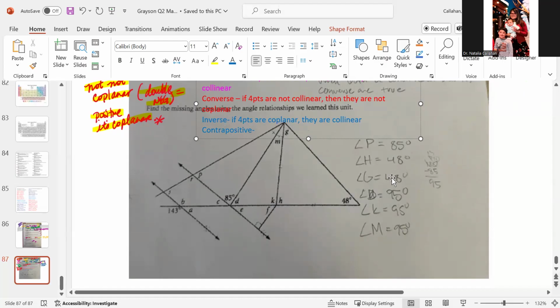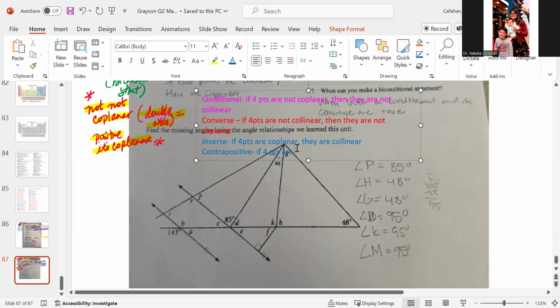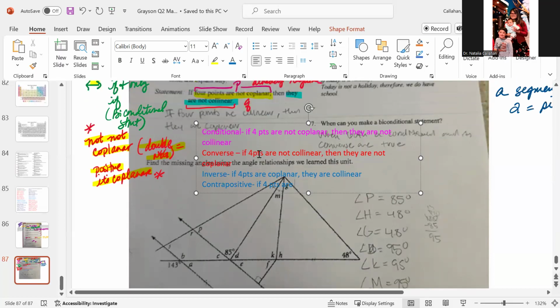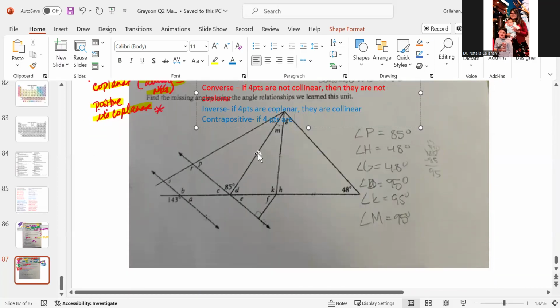Okay, so what do you say, Mary? If 4 points are collinear, then they're coplanar. They're collinear, right? Okay, good.